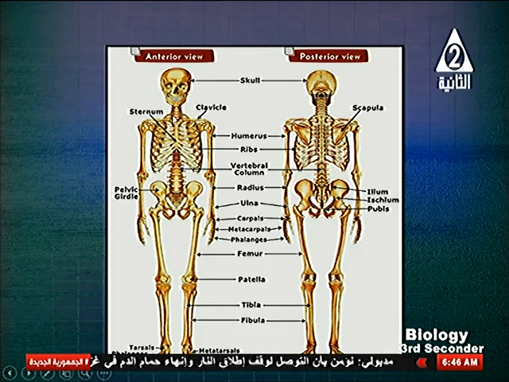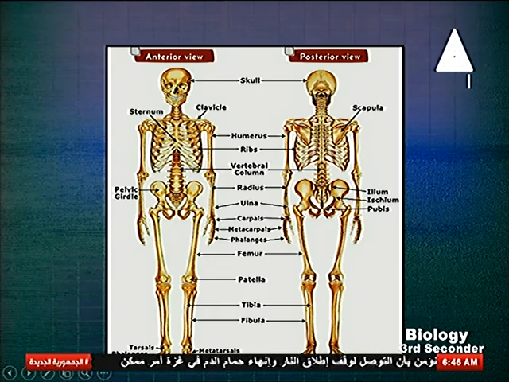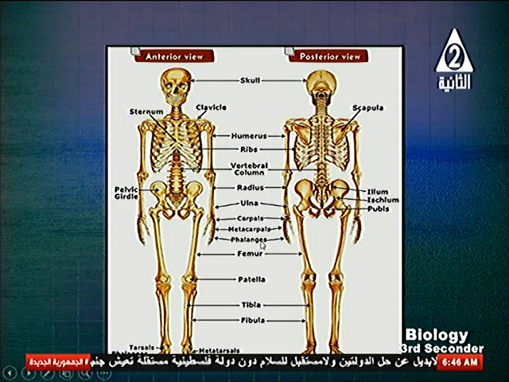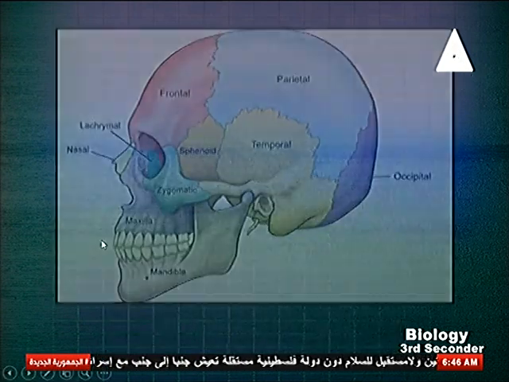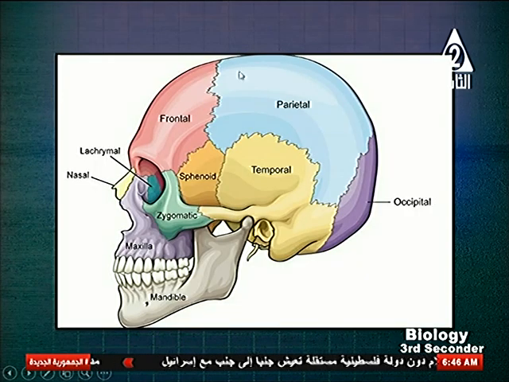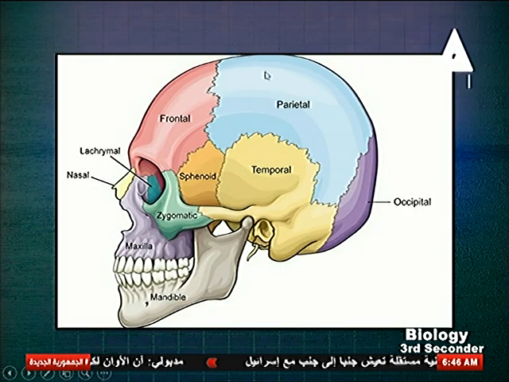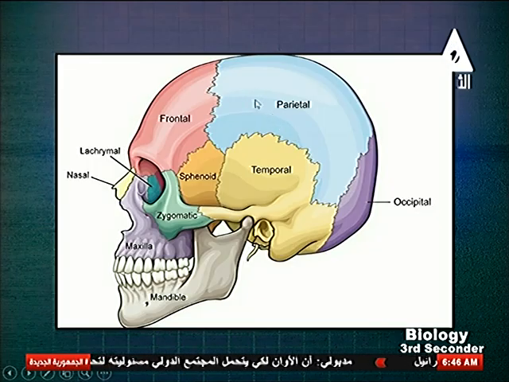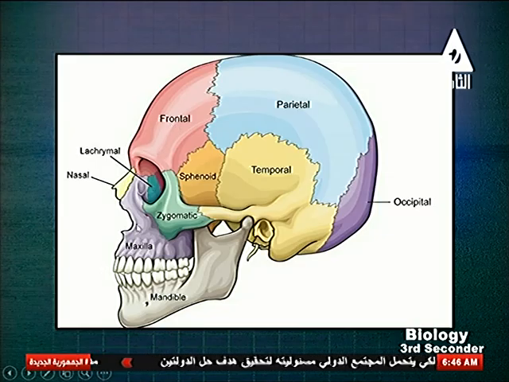The appendicular skeleton consists of the shoulder girdle or pectoral girdle attached with the upper limbs and the pelvic girdle attached with the lower limbs. Also, this is the skull, and this is the cerebral part, which consists of 8 bones, and this is the frontal part, which consists of 14 bones.